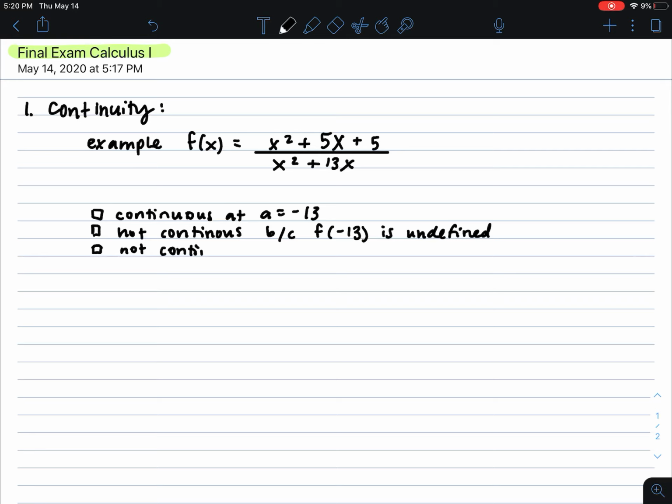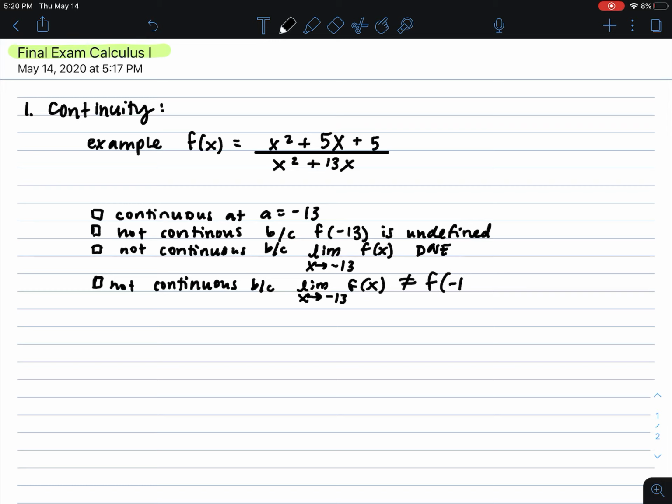Not continuous because the limit as x goes to negative 13 of f of x does not exist. Or not continuous because the limit as x goes to negative 13 of f of x does not equal f of negative 13. I want you guys to remember that all three of these reasons are reasons for this not to be continuous.